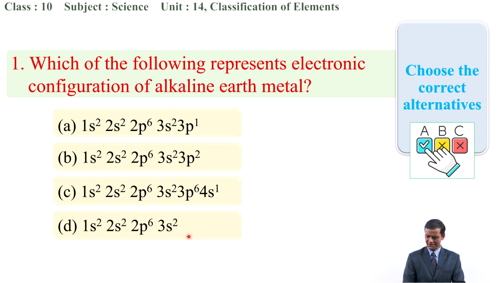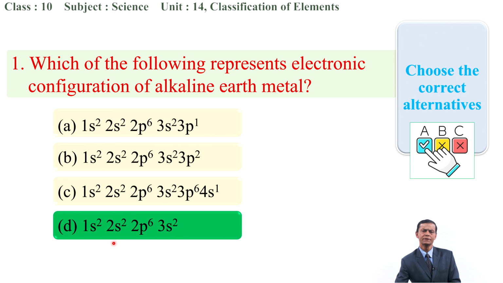Yes, definitely. You try to find. Let's check it. Sure. Yes, 1s2, 2s2, 2p6, 3s2. What is its atomic number? Yes, if you add the electrons, there are 12 electrons, so atomic number 12. This is magnesium. Magnesium is the correct answer.